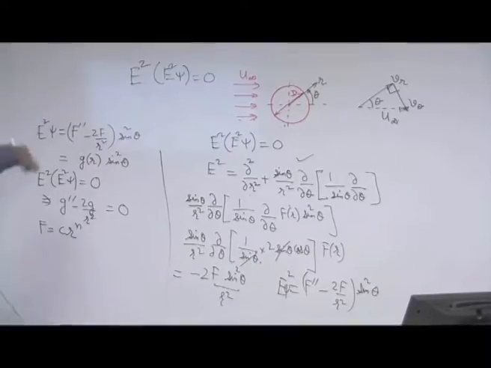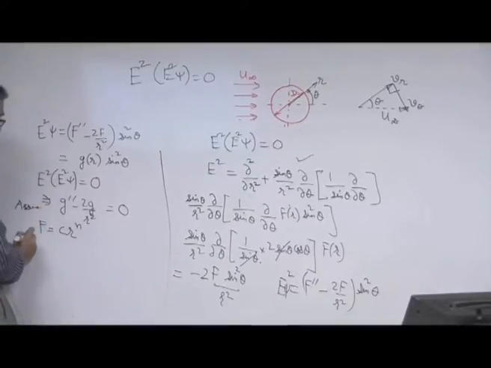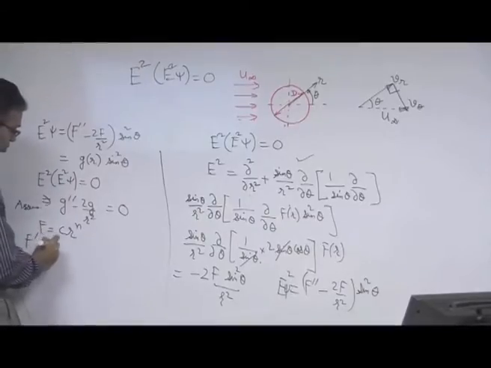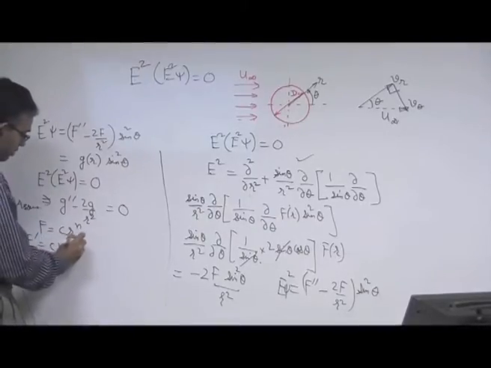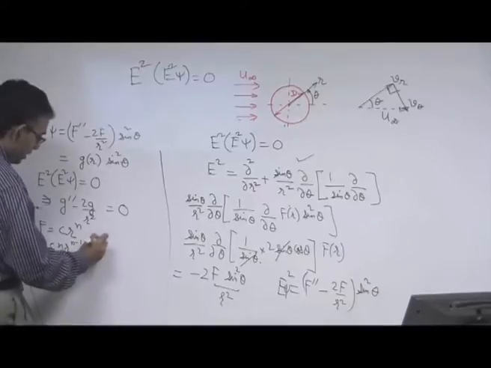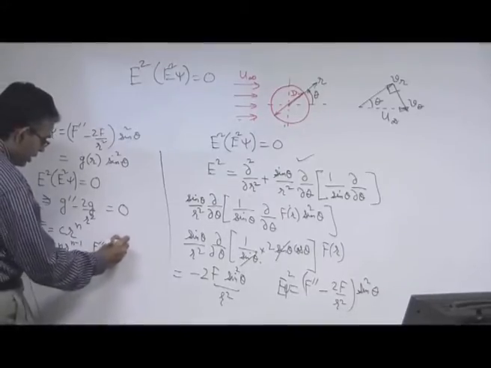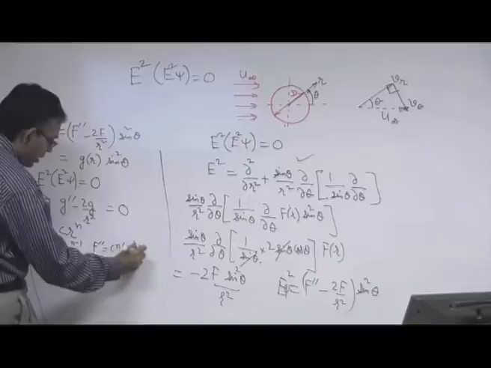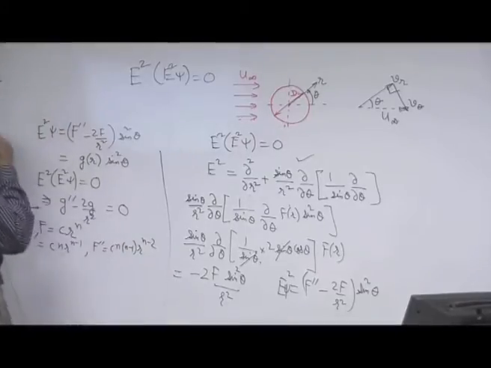For equations of this particular form, that is a standard way of getting the solution, that is you assume f is equal to c r to the power n. So, f dash is equal to c n r to the power n minus 1, f double dash is equal to c n into n minus 1 r to the power n minus 2.